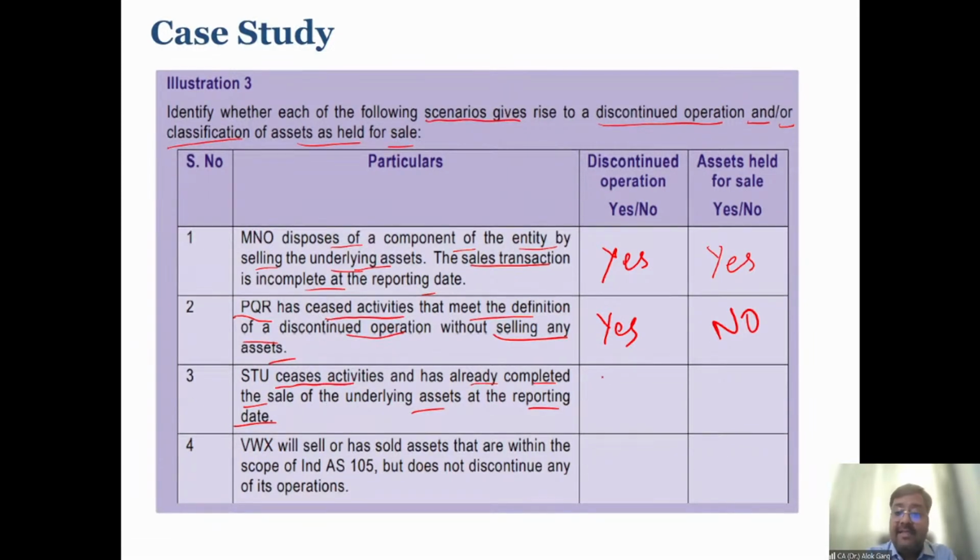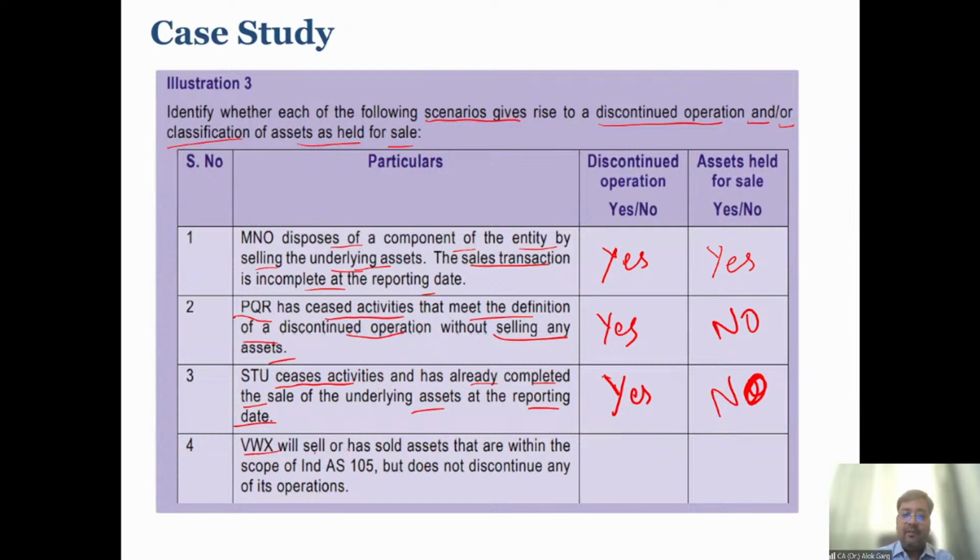Hence, yes, it is a discontinued operation. They have discontinued the operation. But on the reporting date, it is not held for sale. Why? Because they have already sold out. It was an actual sale. On the reporting date, nothing is going to be sold out. Everything has already been sold out. Right? Clear?